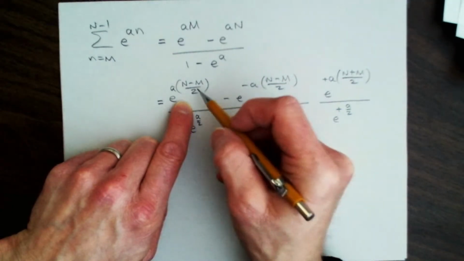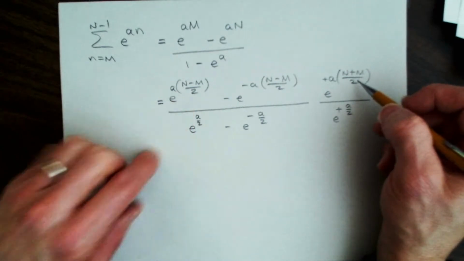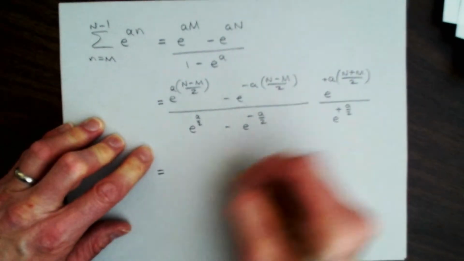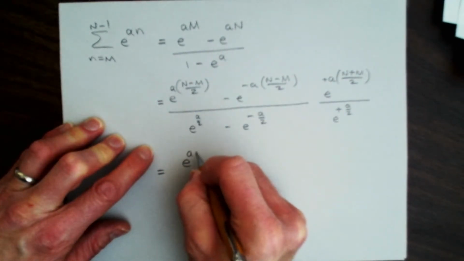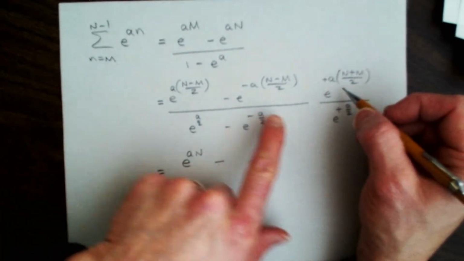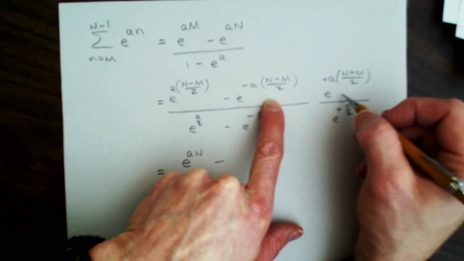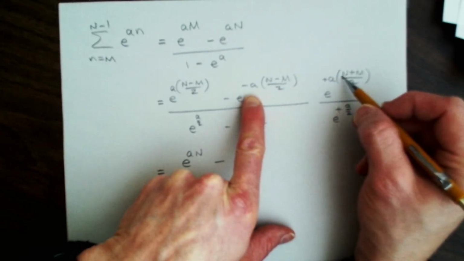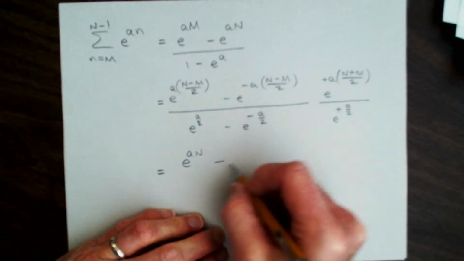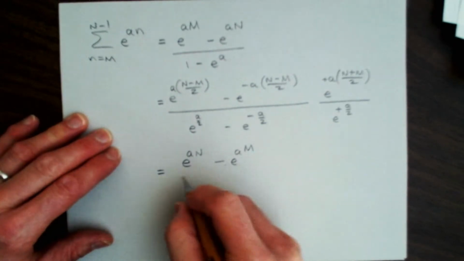And then we can see that the minus m over 2 and the plus m over 2 here cancel. So this would give me e to the a n. Then I'll have minus. If we multiply these exponentials together, we'll add the exponents. So we can see that the n's cancel and the m's add. So here I have e to the a m in this term.